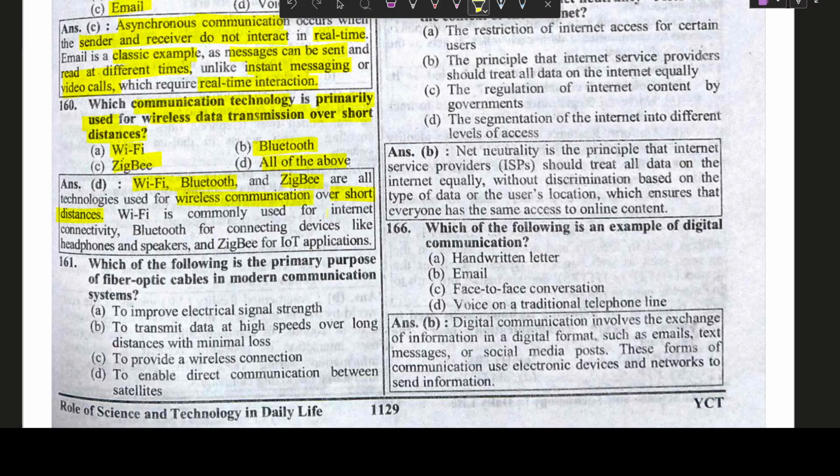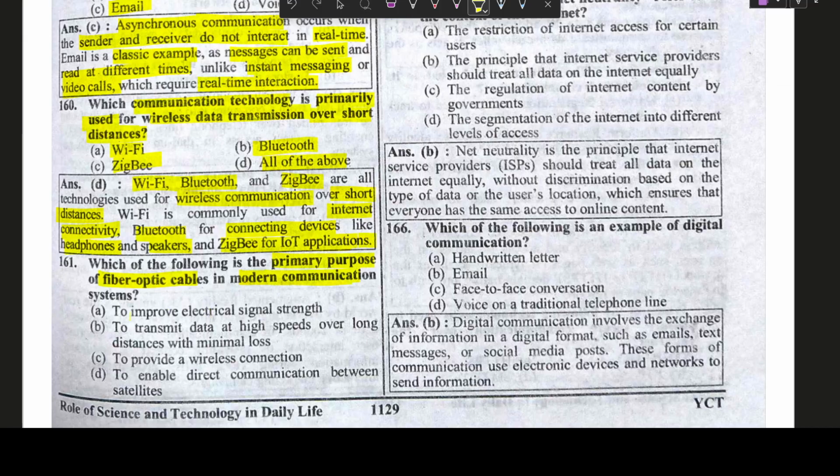Wi-Fi is commonly used for internet connectivity, Bluetooth for connecting devices like headphones and speakers, and Zigbee for IoT applications.